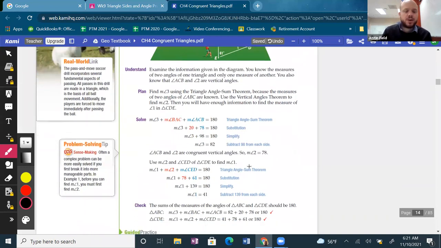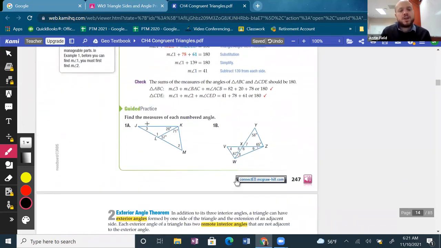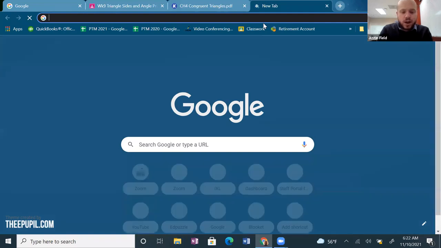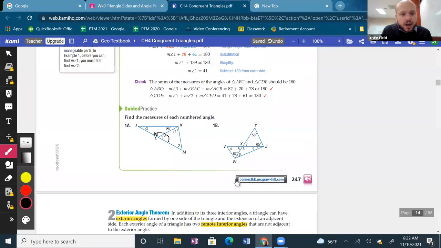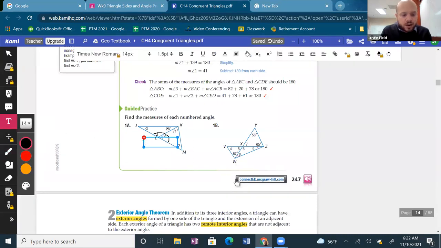I'll answer more questions. All right, find the measures of each angle using the triangle sum theorem. So first of all, we know this is 180, so we can find angle 1, right? And then once you know angle 1, then these three add to 180. So what is 180 minus 57? 123. So angle 1 is 123.